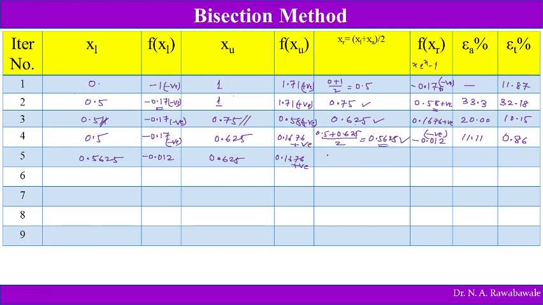Average will be 0.59375. Average of these two, 0.625 and 0.5625, is this one.